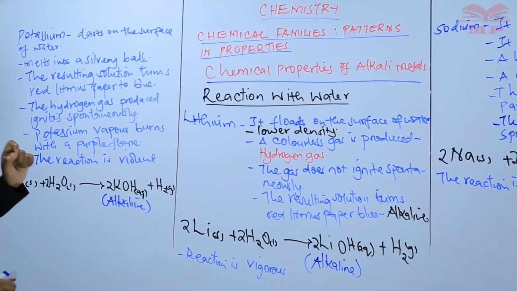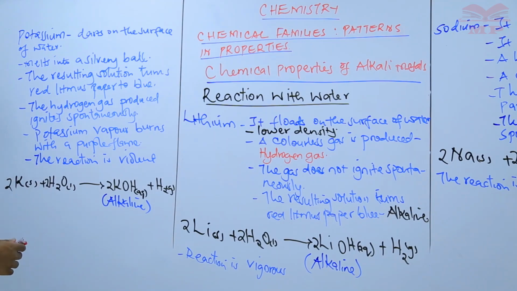Then the hydrogen gas produced ignites spontaneously because the reaction is highly explosive. The reaction produces a lot of heat, so the reaction is exothermic, and that heat can burn the hydrogen gas produced, leading to burning with a purple flame.